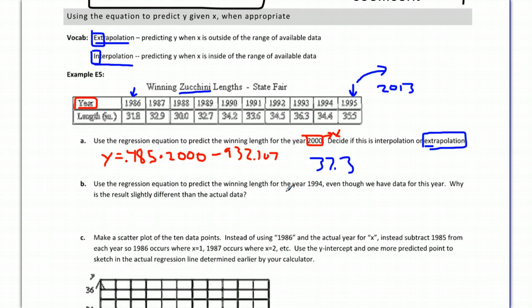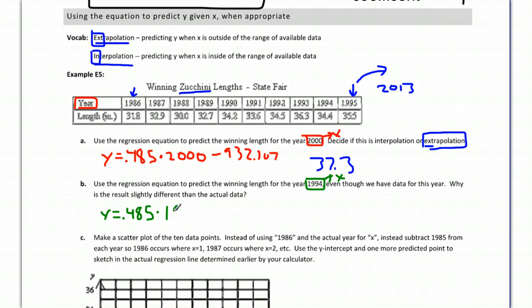Next what we're going to do is use it to predict the winning length for the year 1994. Even though we have data for 1994, we know it's 34.4. Let's make a prediction with our line and see how close it comes to the actual data. Same thing. y equals our slope, 0.485, times our year, x, which in this case is 1994.